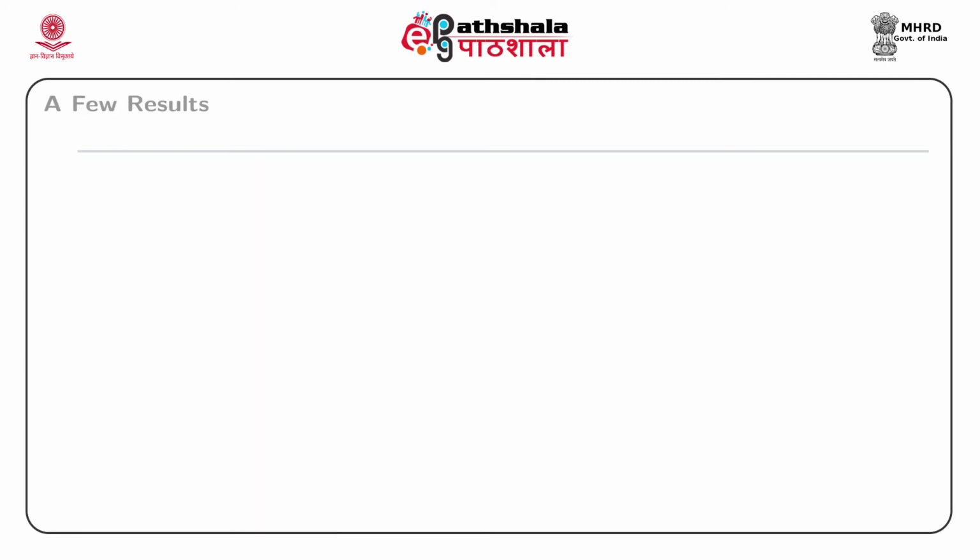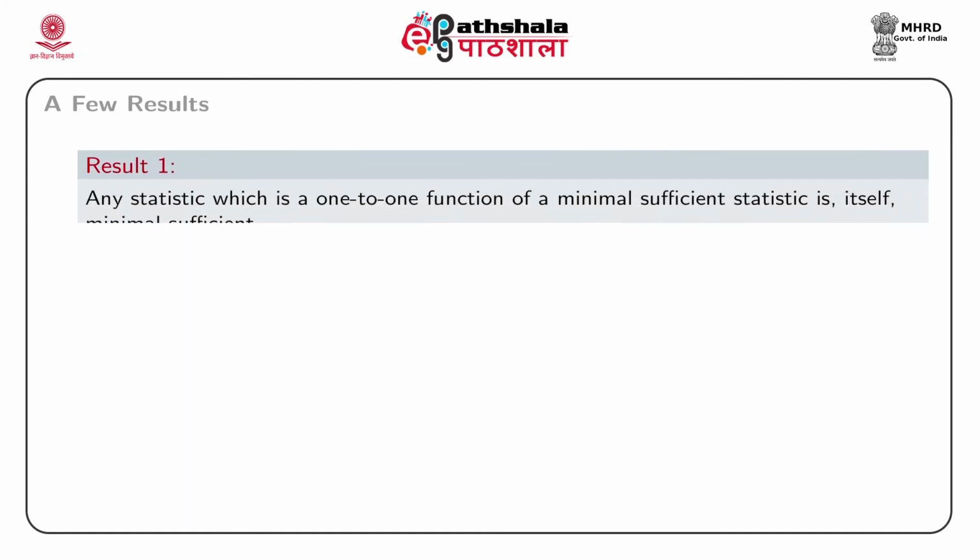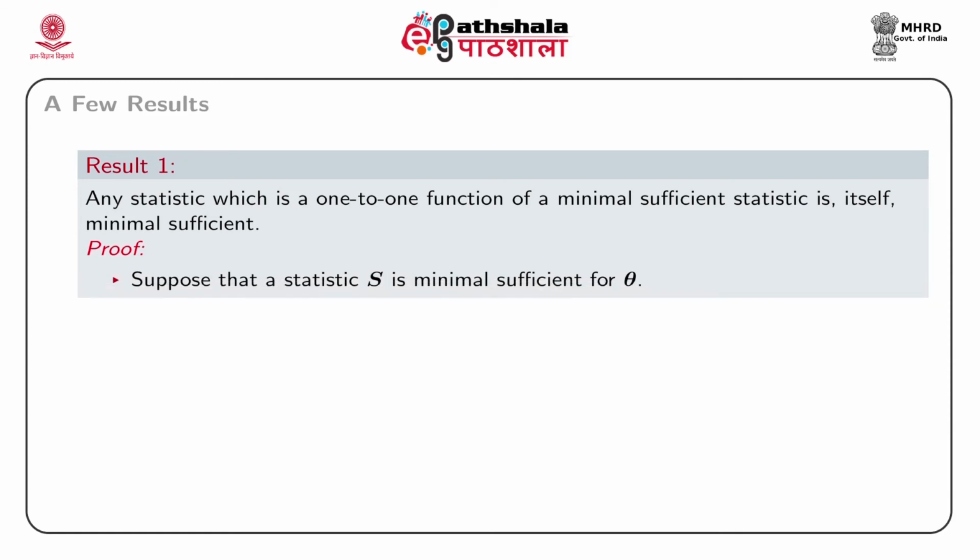Now, we consider a very important result. Result 1: Any statistic which is a one-to-one function of a minimal sufficient statistic is itself minimal sufficient. Let us consider a proof of this result. Suppose that a statistic S is minimal sufficient for θ.